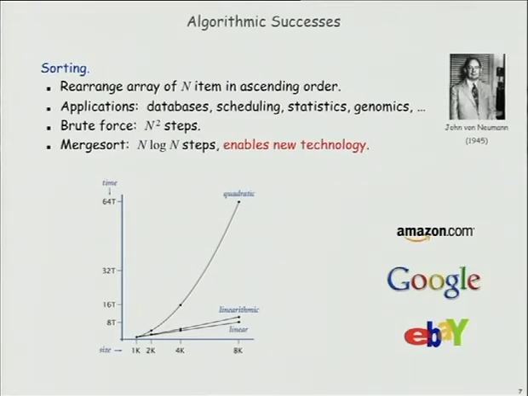But he also invented the algorithm merge sort, and that's a fancy way of sorting items. If you have an array of n items, that would take n log n steps. And indeed, without this new technology, companies such as Amazon and Google and eBay would have been out of business if we didn't have this faster algorithm. On the plot there, we have some graphs of what it means if we have different running times for algorithms.